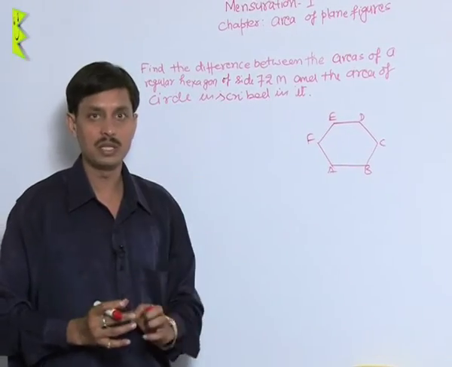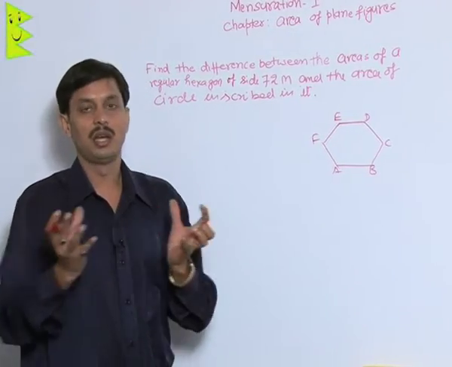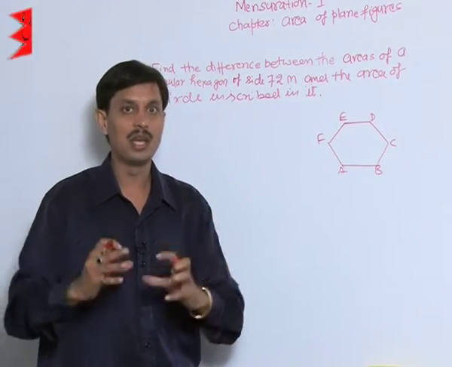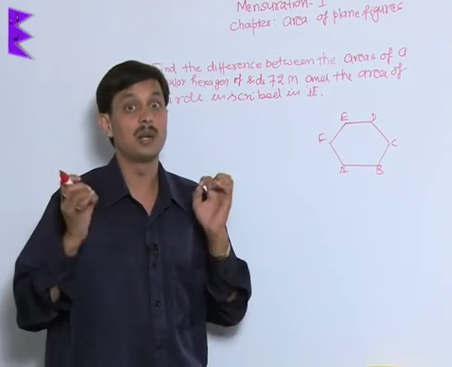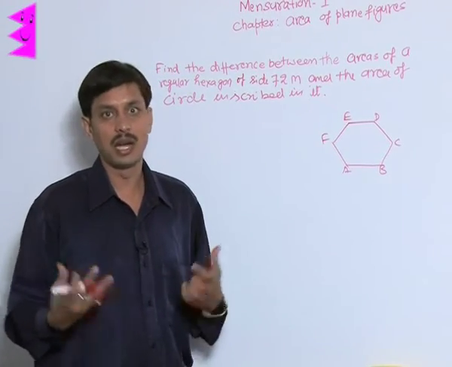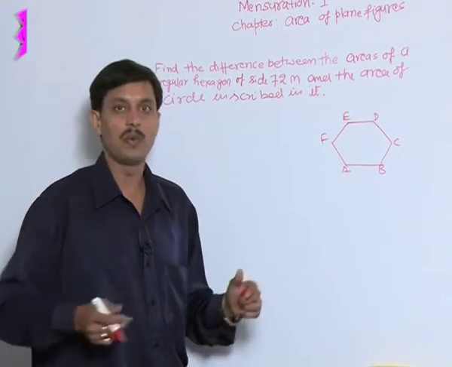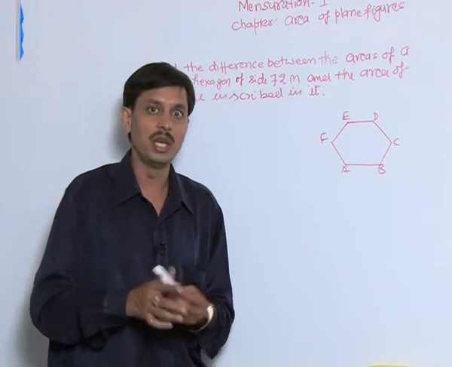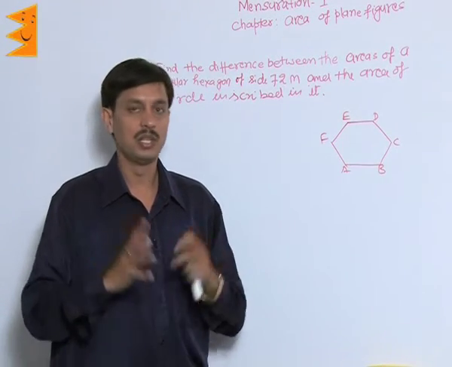The word regular means what? What is the difference between a regular polygon and an irregular polygon? A regular polygon is one where all sides and all angles are equal. Most of the time students get confused and say that if all sides are equal it is regular. No. If you see, there is a rhombus and there is a square.